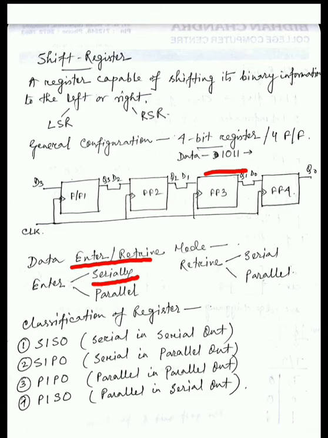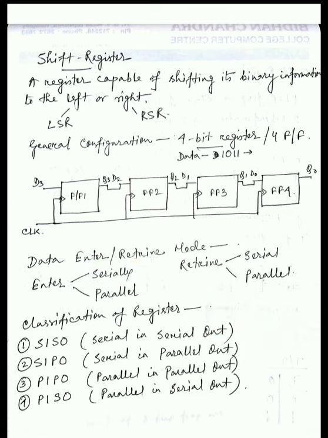One by one means there is only a single line and we enter the data this way: 1 0 1 1. Suppose there is a single line and all the bits go one by one. So this is serial entry.